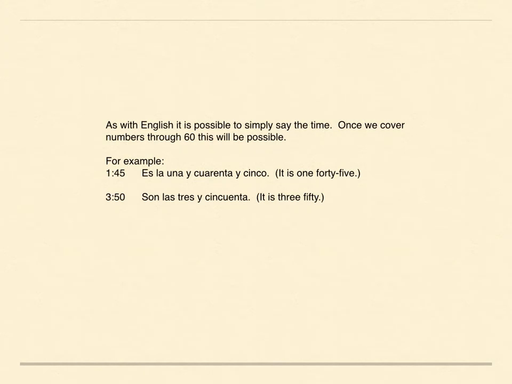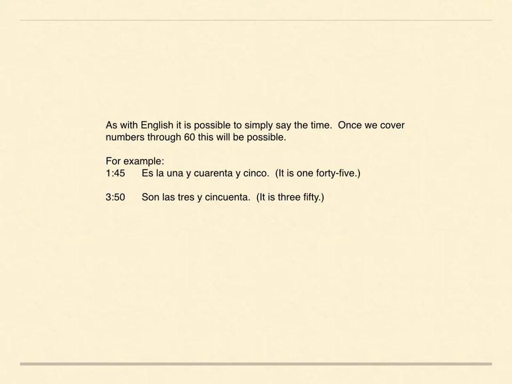As with English, it is possible to simply say the time, as opposed to saying a quarter to or 15 to. Once we cover numbers through 60, this will be possible. And some examples of what I'm referring to is if it's 1:45, can I say 1:45? Sure.